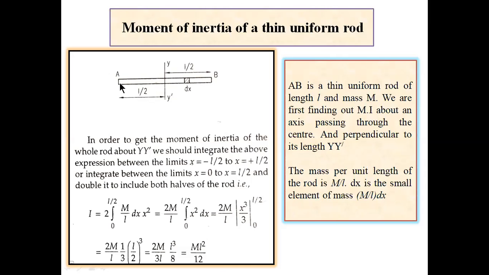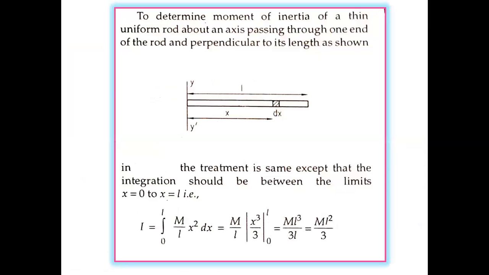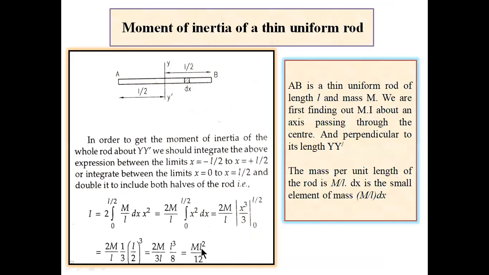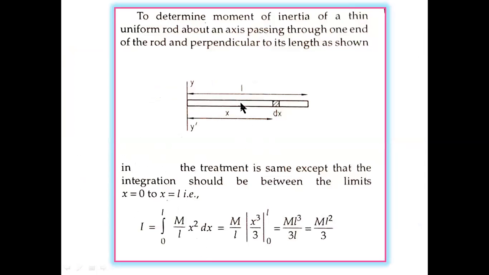If we add these two, according to the parallel axis theorem, we will have the same result, that is M L square by 3. So if we know it at the center, then using the parallel axis theorem at y dash, the moment of inertia at the center is M L square by 12, that we have calculated earlier, plus the distance from the center to the end, which is L by 2.